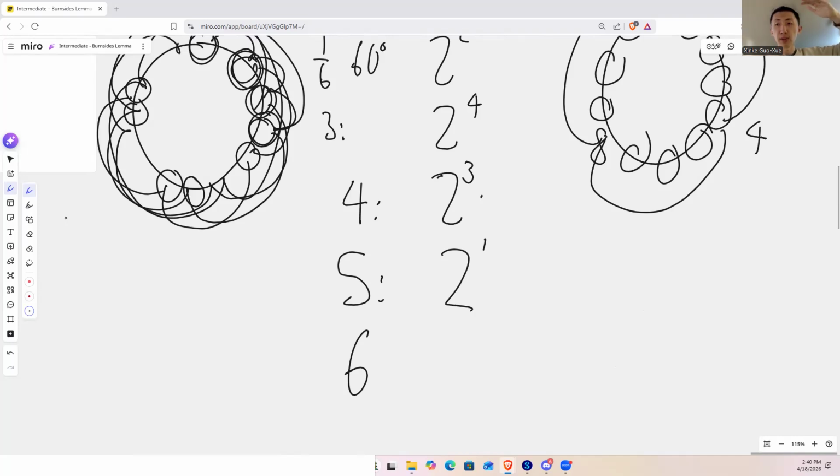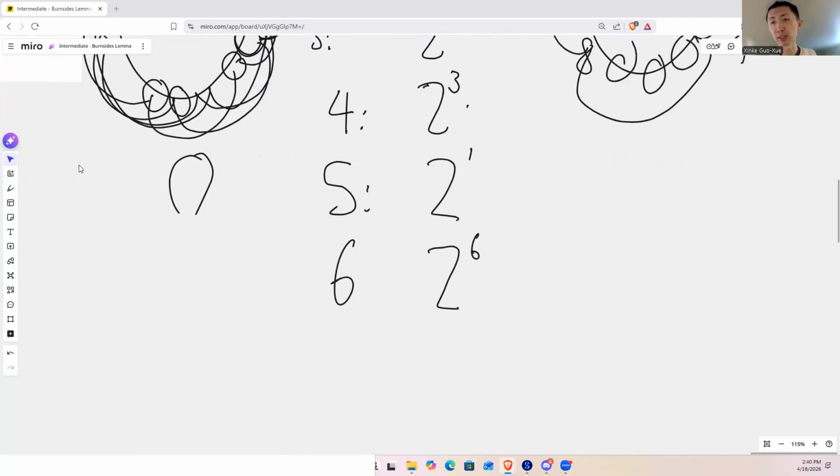If we rotate by 6 keys, then the opposite keys are the same. So there's 6 pairs and each of them has 2 choices. Now we can use symmetry.